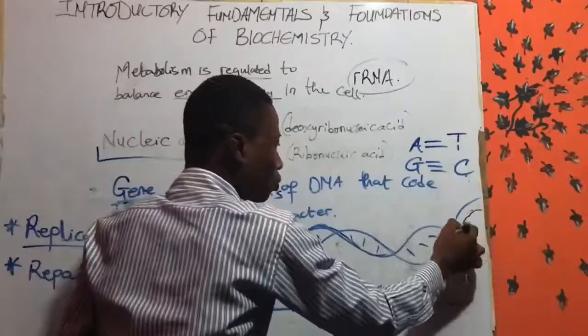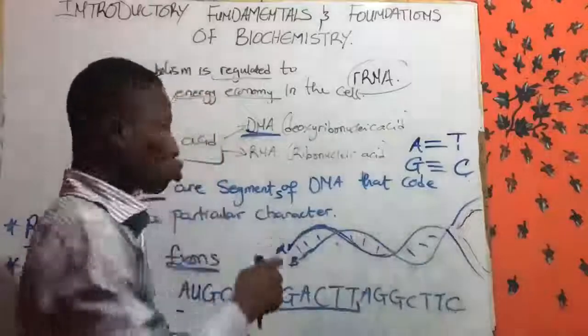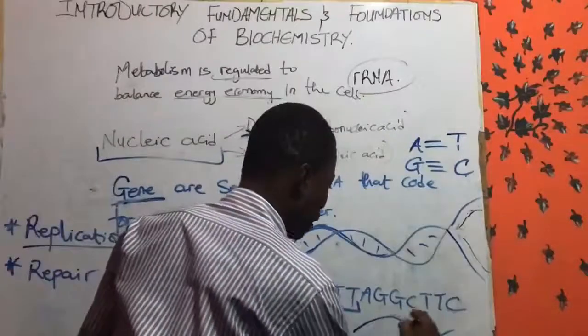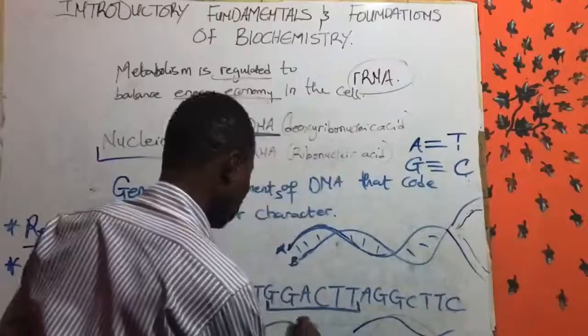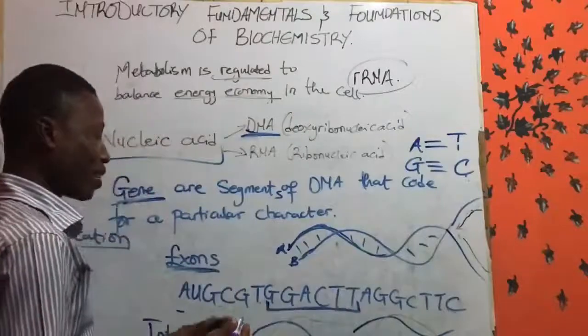So the way this occurs, at the end of the day, I'm going to have two of this, one base paired to this, and another one of this base paired to this. So this is what I'm trying to say in essence.